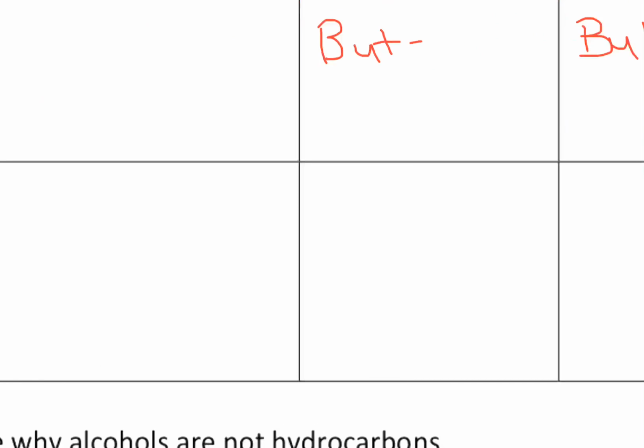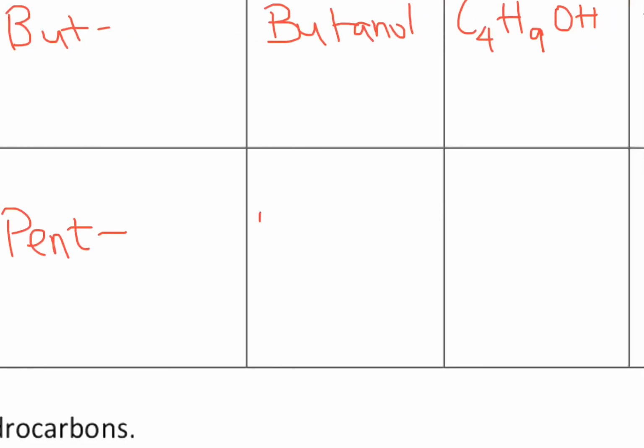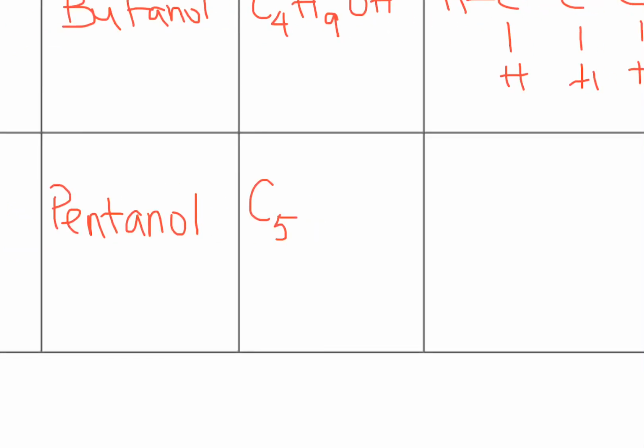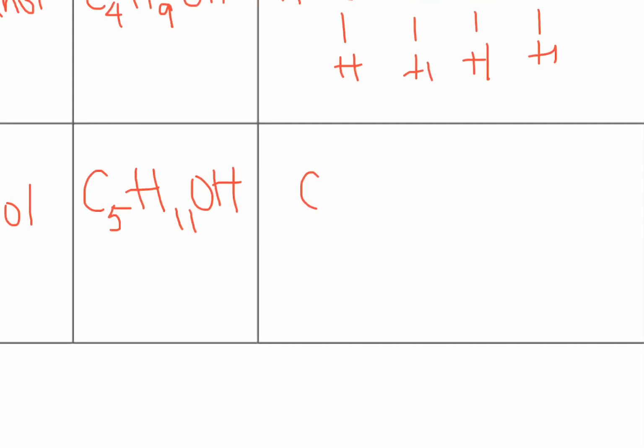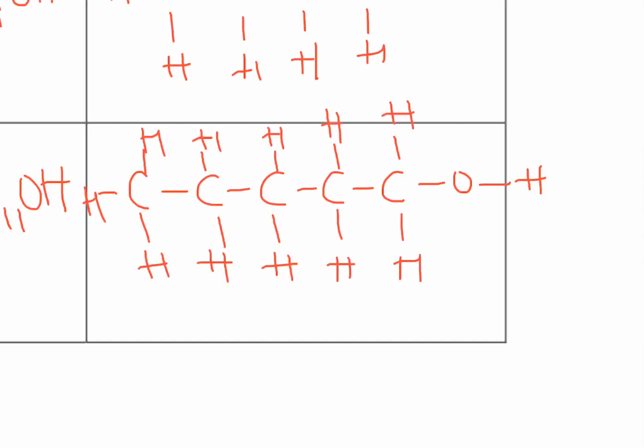And for 5 carbons, it will start with pent, so it will be pentanol, and so C5, 5 times 2, 10 plus 1, 11, OH. I draw my 5 carbons, draw the OH, and then fill up with hydrogen.